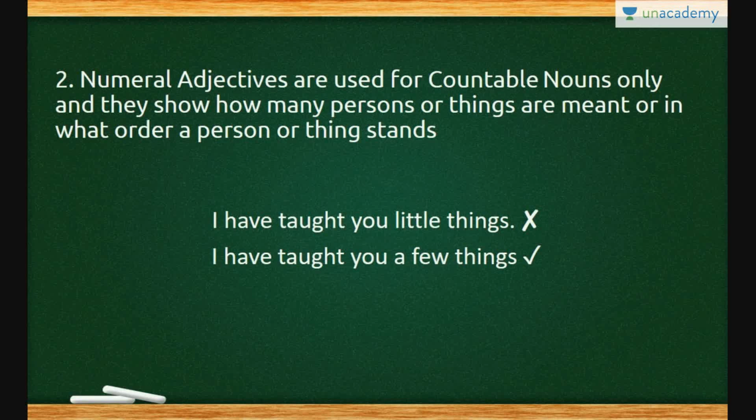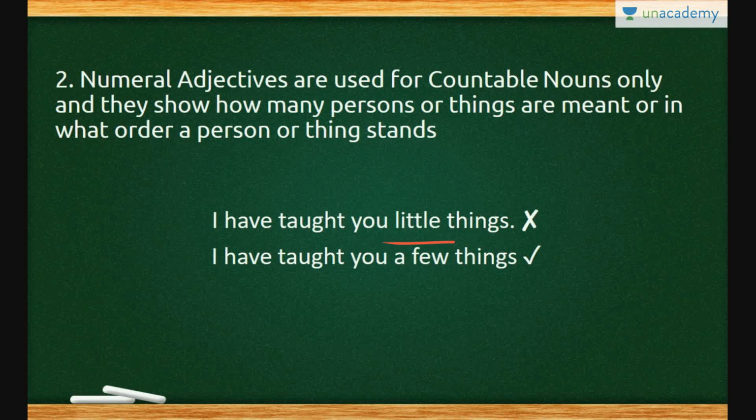Now the next rule states that numeral adjectives are used for countable nouns only and they show how many persons or things are meant or in what order a person or thing stands. Now it states that I have taught you little things.